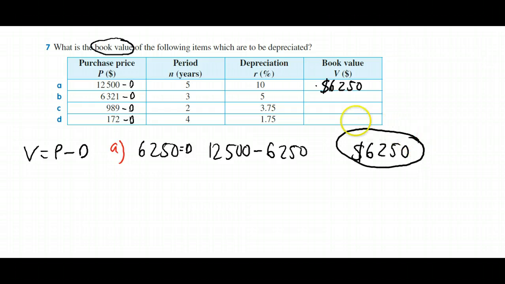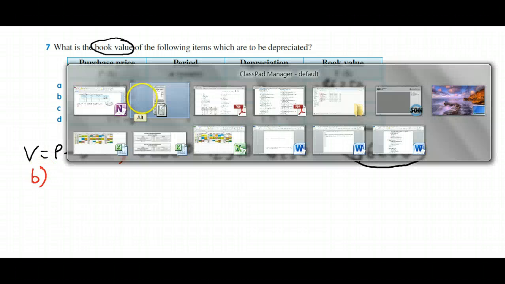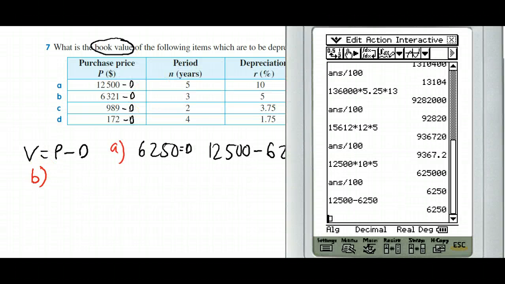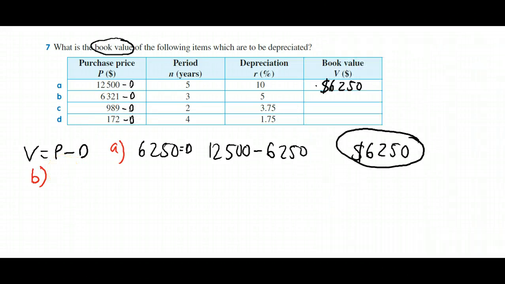Okay, in the next one we've got 6,321. Let's write it out properly this time. So D equals PRT over 100, and we've got 6321 times 5% times 3 years, and it's all divided by 100.